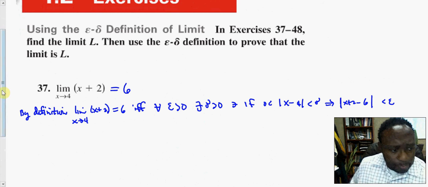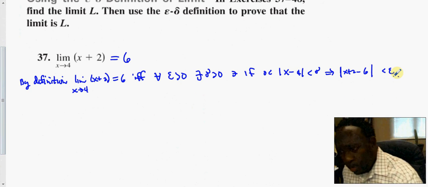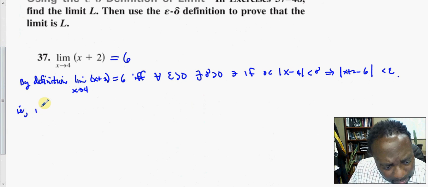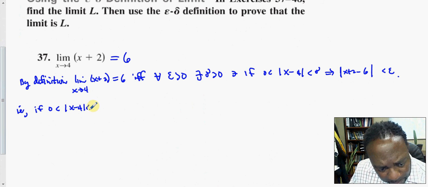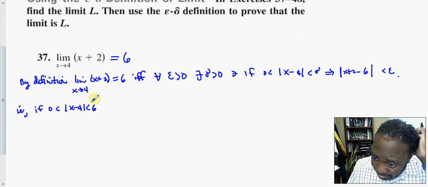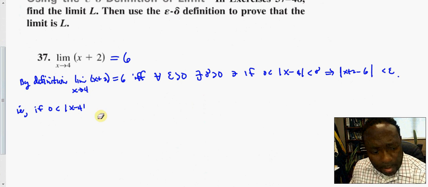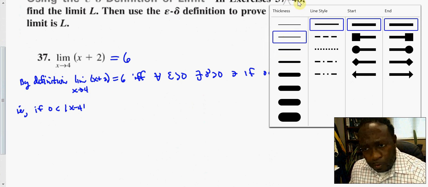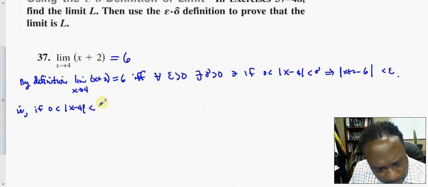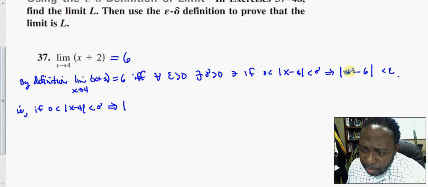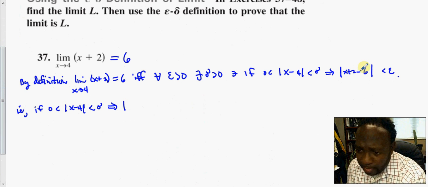Zero is less than that. So that is to say, if 0 is less than the absolute value of x minus 4, less than delta, then does this imply that the absolute value, simplify this, is simply x minus 4.